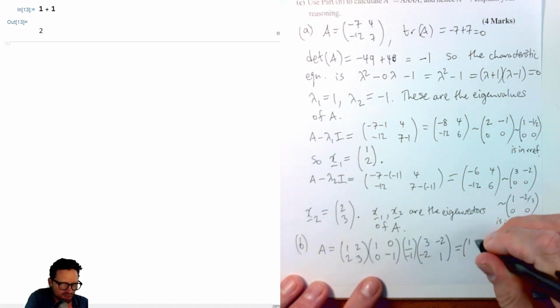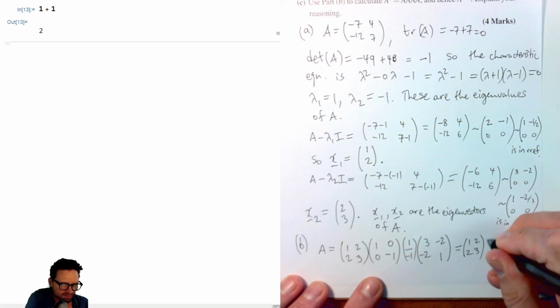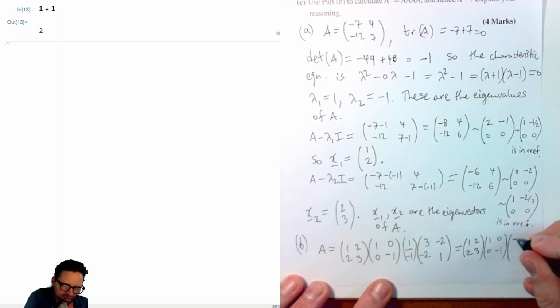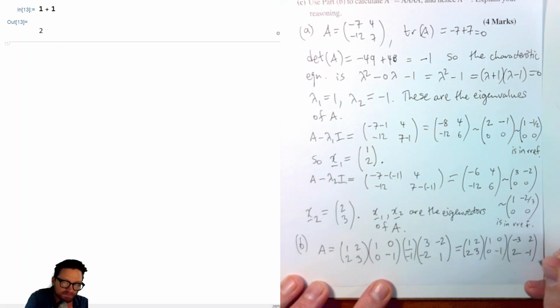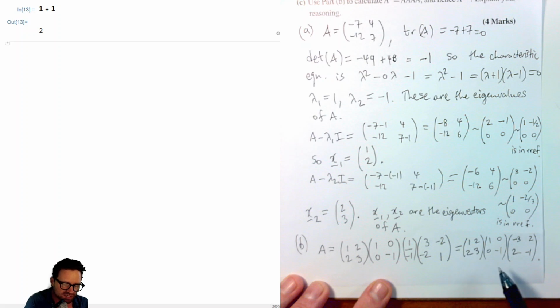So we have (1, 2, 2, 3), (1, 0, 0, -1), and (-3, 2, 2, -1). Okay, so this is P D P inverse, and this is our diagonal decomposition of A. So we are done with part B.